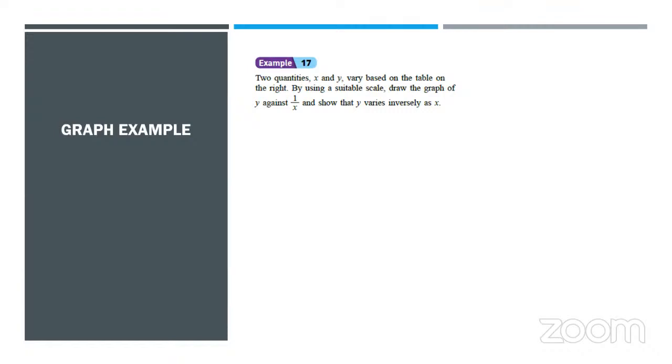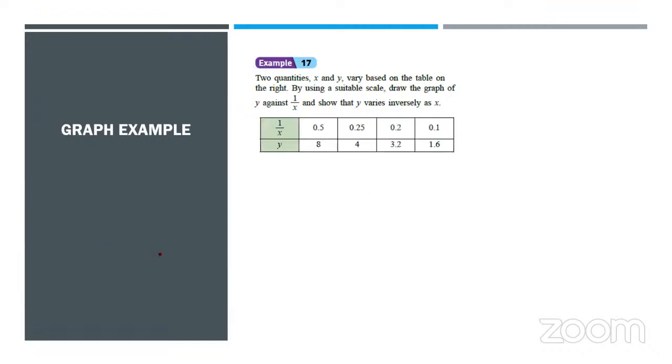Okay, pay attention to the pointer. Two quantities x and y vary based on the table on the right. Well, it's not on the right, but here it is, on the bottom. By using a suitable scale, draw a graph of y against 1/x and show that y varies inversely as x.